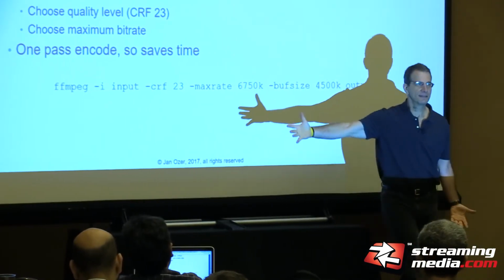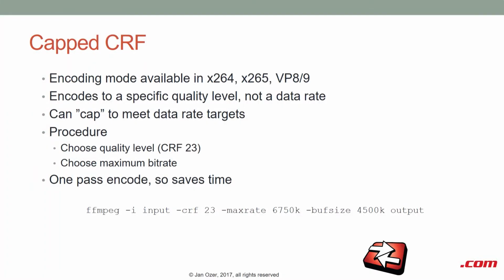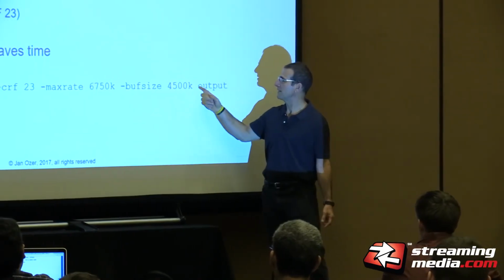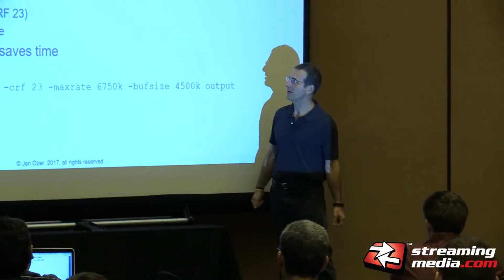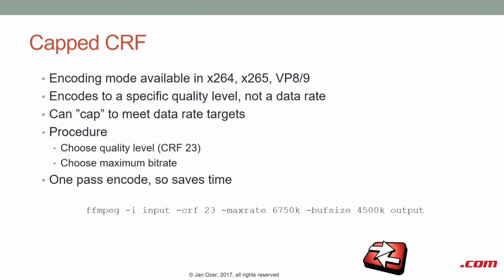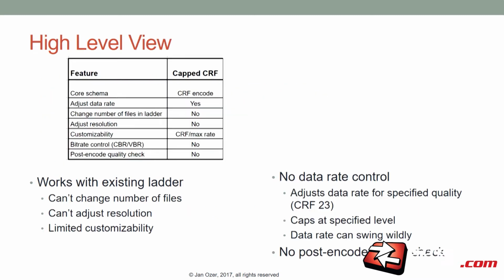It's a pretty simple technique. I also set the buffer size as 1 second of video because that limits variability to a degree as well. But basically, you set a quality level and you cap it.